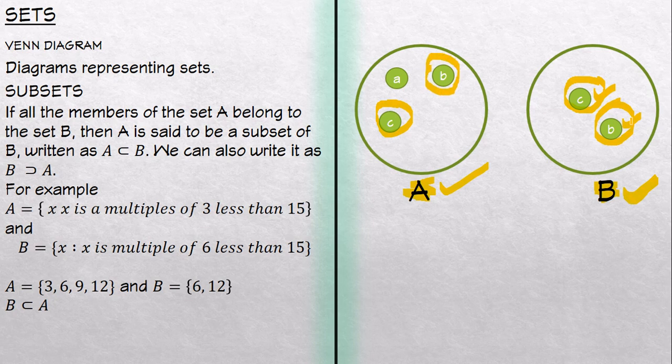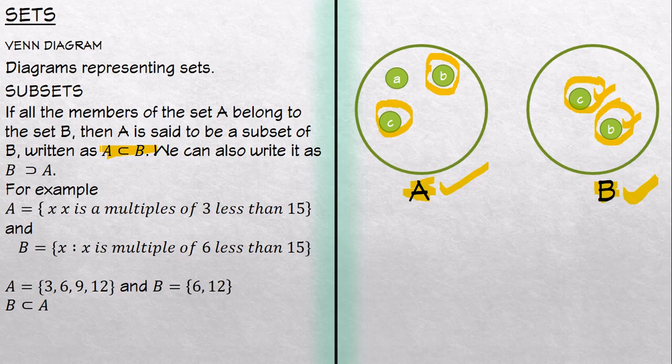So if all the elements in the set B, please take note, it says all, are contained in the set A, then B is said to be a subset of A. And this is how it is denoted.